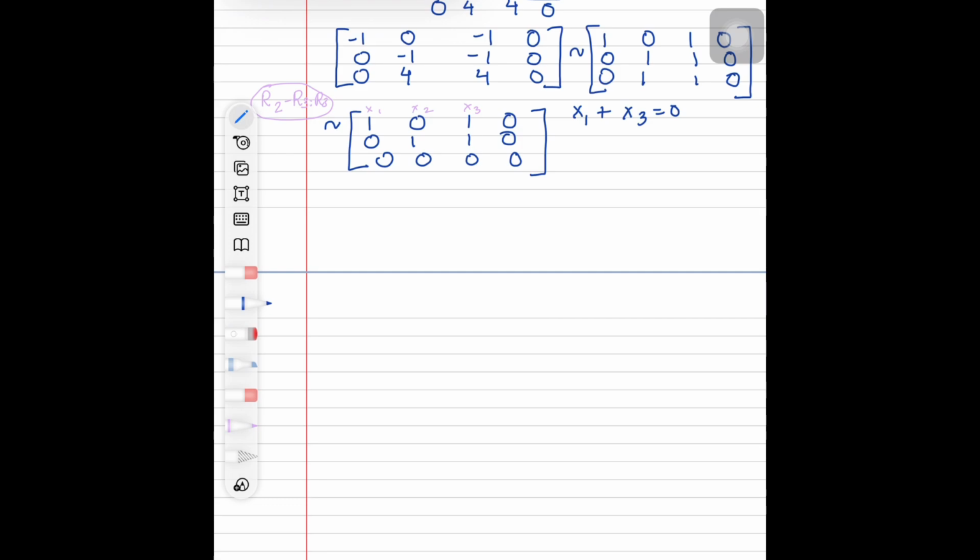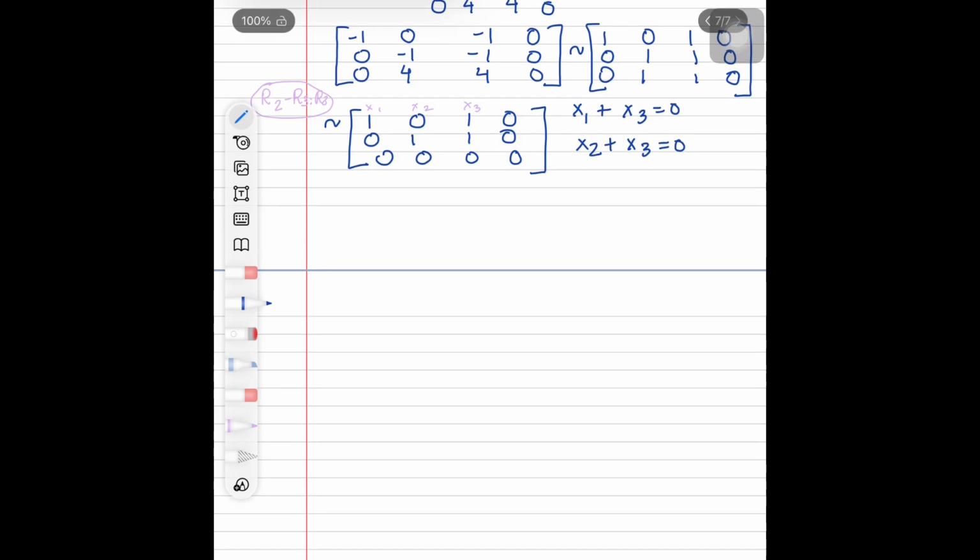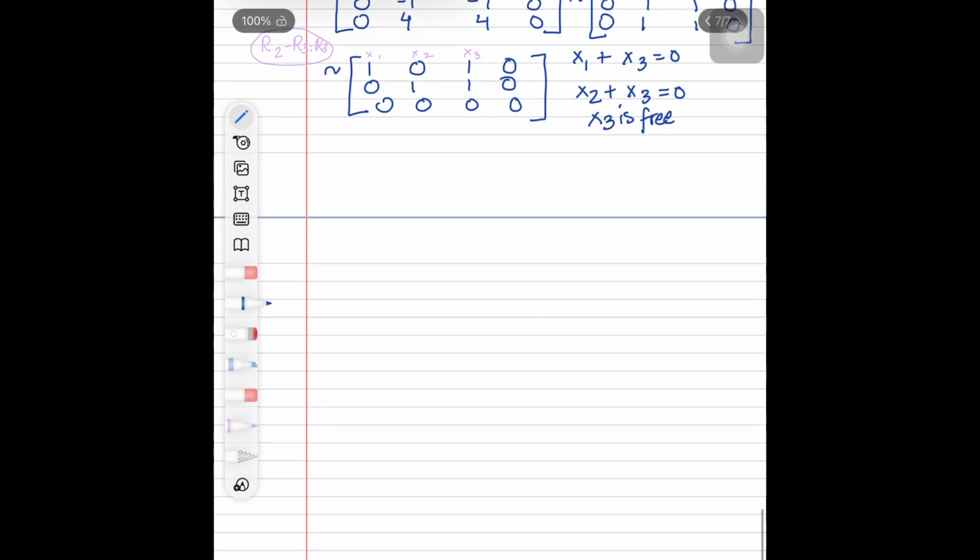The second row represents x2 plus x3 equals 0. The third row has no pivot, so x3 is free. So we can say x1 equals negative x3, x2 equals negative x3, and x3 equals x3 since it is free.